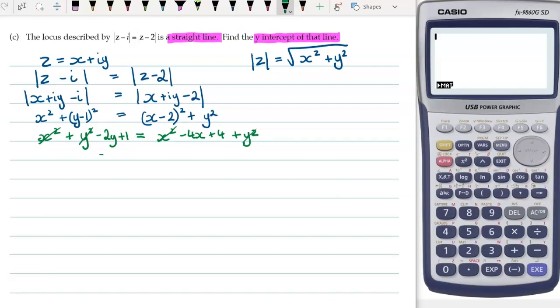And we have minus 2y is equal to minus 4x plus 4, and subtract the 1 from the left-hand side. So we'll have a plus 3. So y will be equal to, I'm going to divide everything through by negative 2, so we have 2x minus 3 over 2. And the question asked us for the y-intercept, so we just need to make sure we finish that. And that's negative 3 over 2.